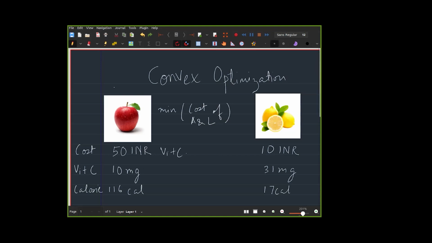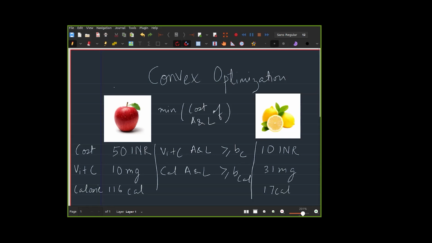So vitamin C from apple and lemon should be greater than or equal to some budget for vitamin C. Similarly, I also want the calories from apple and lemon, how much I'm consuming, to be greater than some budget for calories, right?